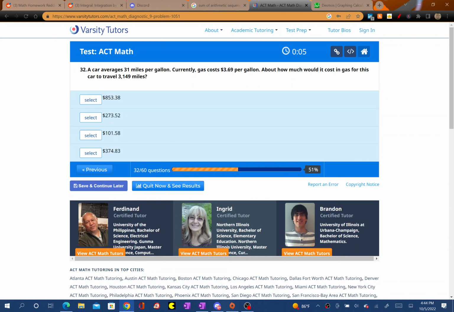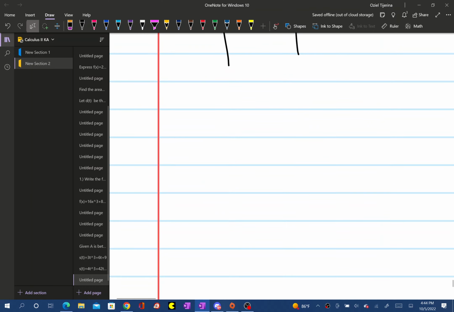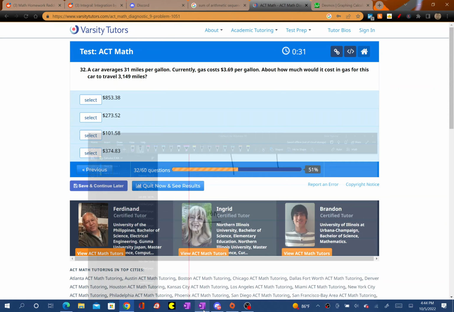A car averages 31 miles per gallon. Currently, gas costs $3.69 per gallon. About how much would it cost in gas for this car to travel 3,149 miles? So there's 31 miles in 1 gallon, so 1 gallon per 31 miles, right?